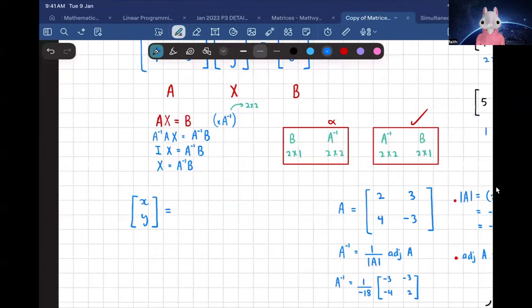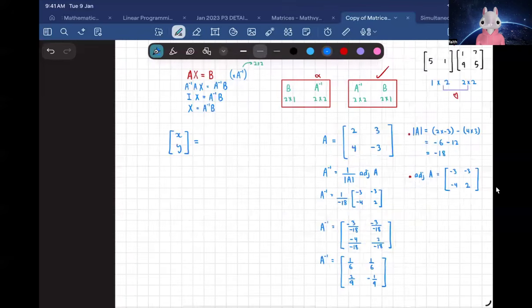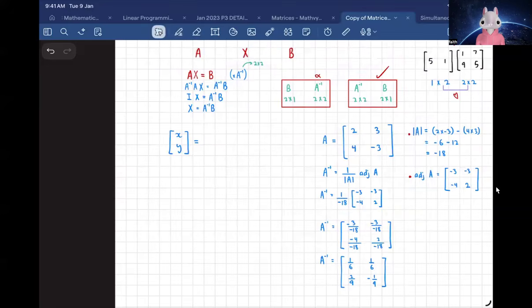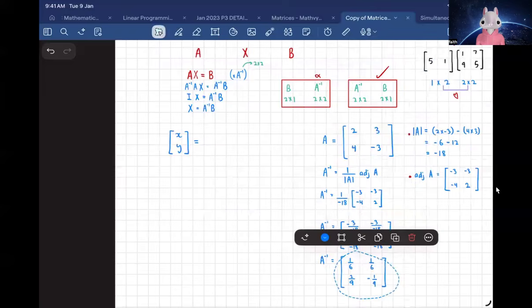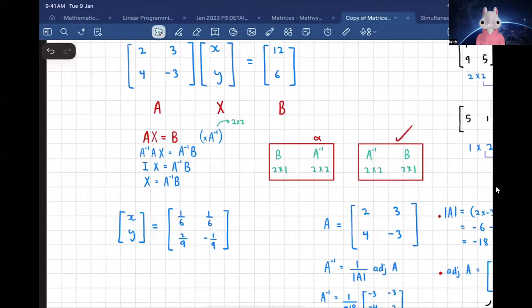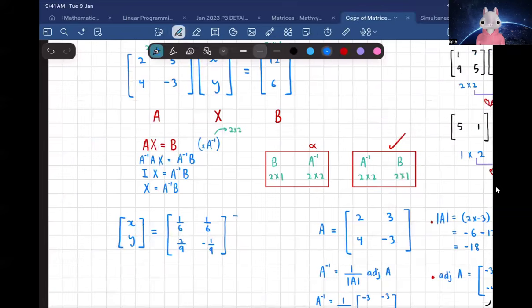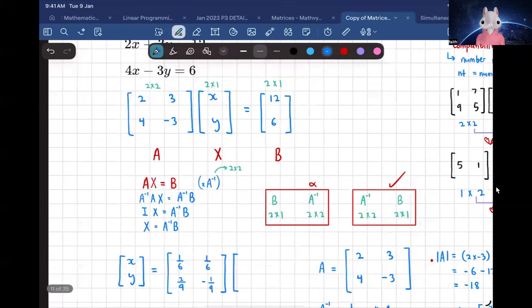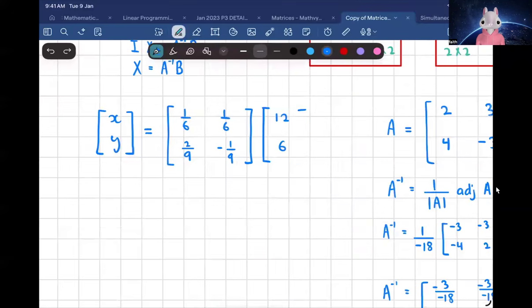A inverse times B. What's A inverse? 1/6, 1/6, 2 over 9, and negative 1 over 9. And what did I say matrix B was? 12, 6. Awesome.